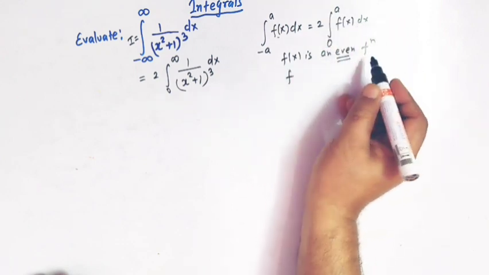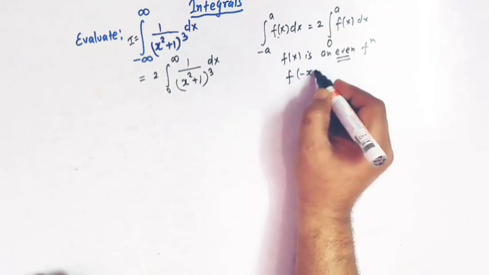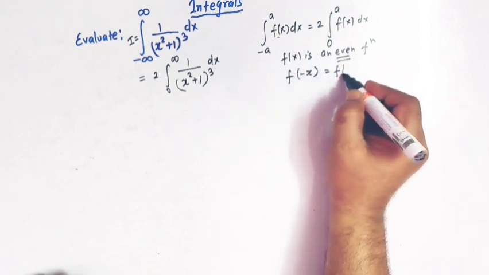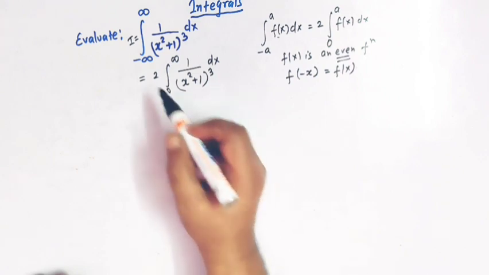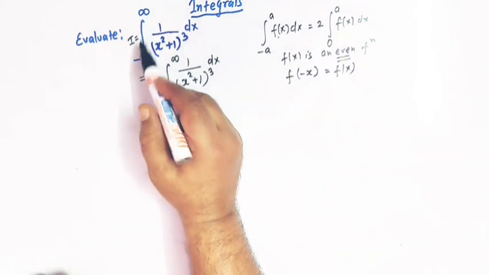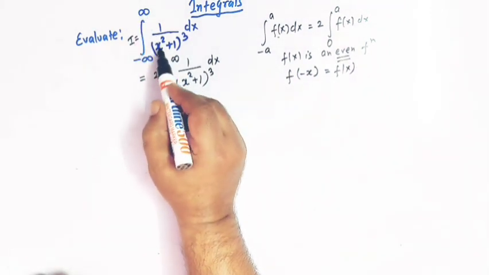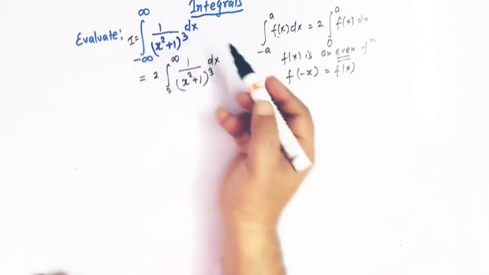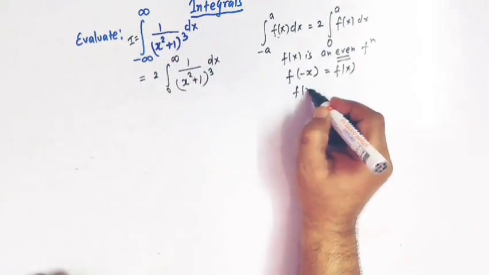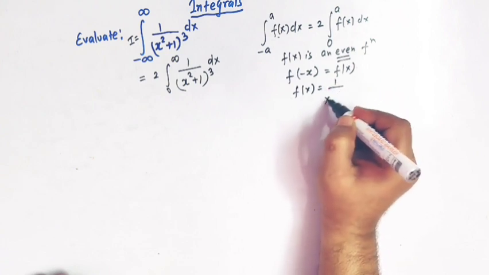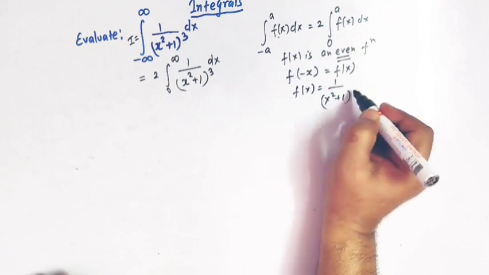So f(x) is an even function. It implies that f(minus x) is equal to f(x). Here our integral is from minus infinity to infinity of 1 over (x square plus 1) whole cube, and f(x) is 1 over (x square plus 1) whole cube.